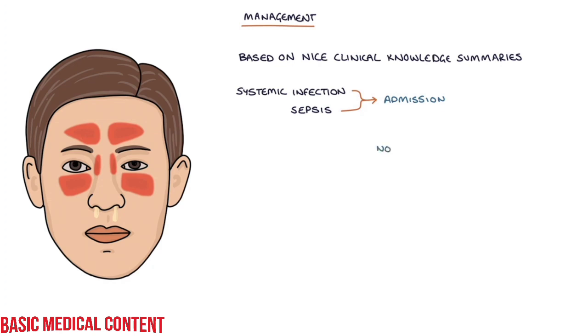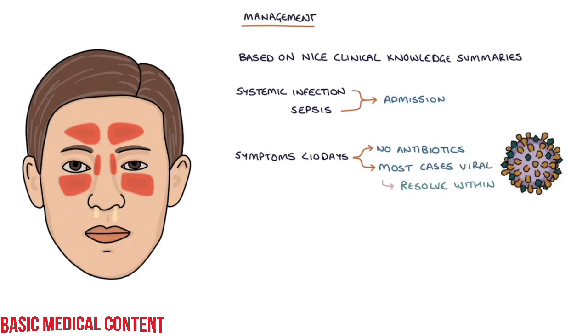NICE recommend not offering antibiotics to patients with symptoms for up to 10 days. Most cases are caused by a viral infection and they resolve within 2 to 3 weeks.